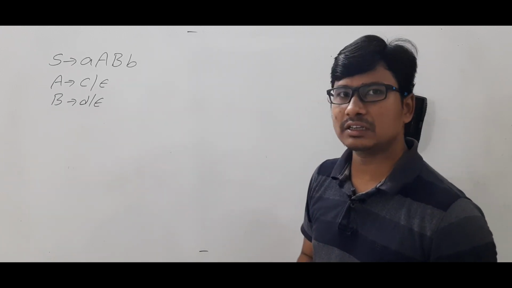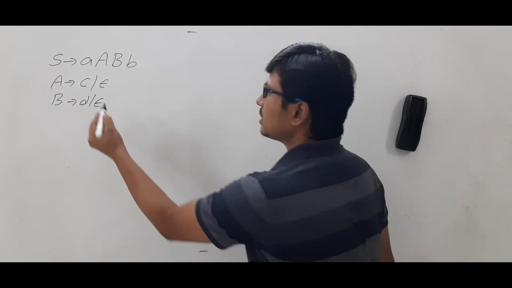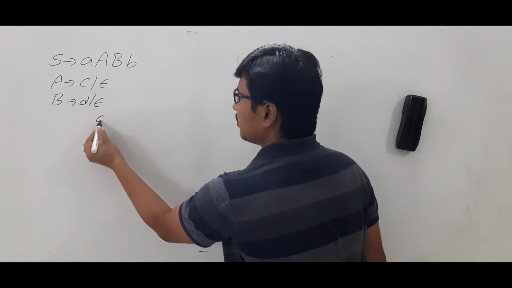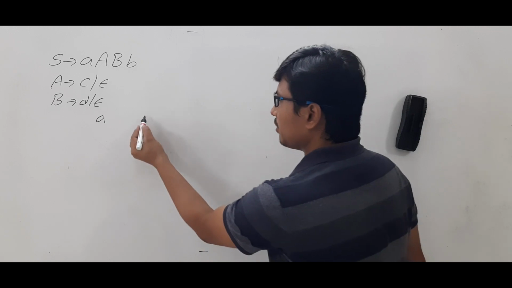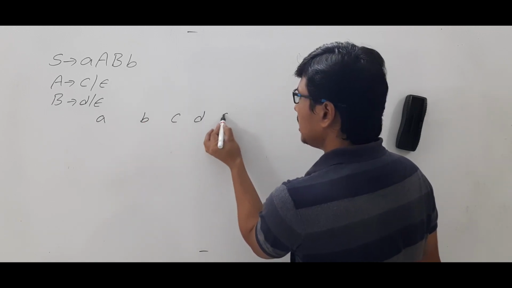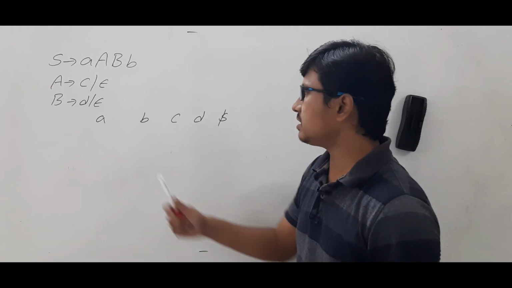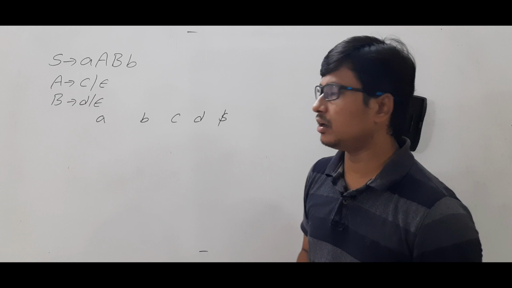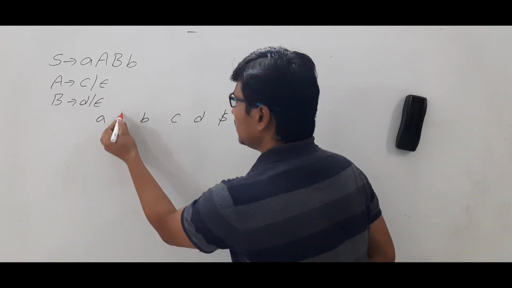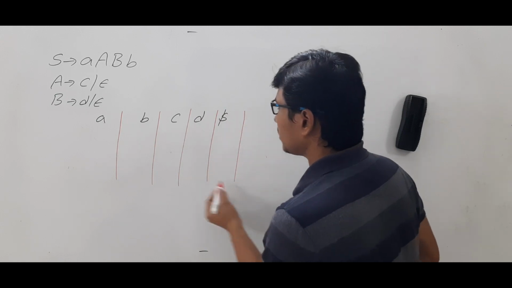How to construct the parsing table? First, I need to identify the terminals. What are the terminals here? You have a, b, c, and d, and you will have the dollar. Will you agree with me or not? These are the terminals that will be in the columns of the LL1 table. Am I right or wrong?